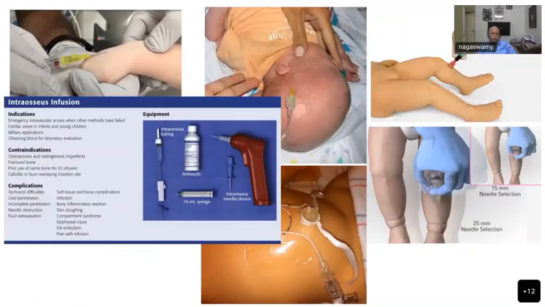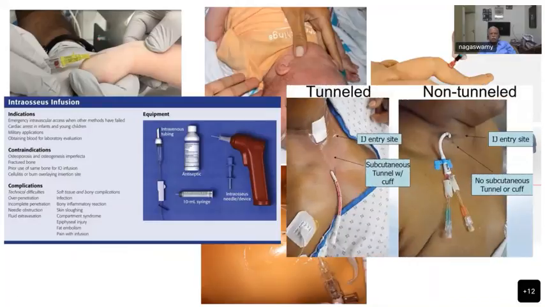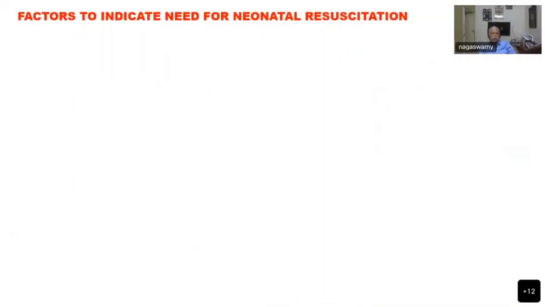It will go through the bone and establish access. And you have all the IV tubings which can be connected to that. Or very rarely you can go for a central vein access also, either tunneled or untunneled, if long-term resuscitation or supplementations are needed.